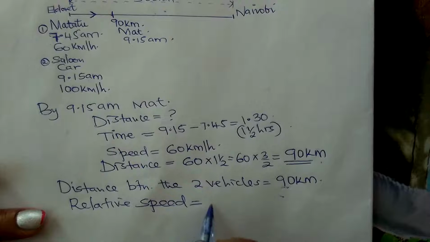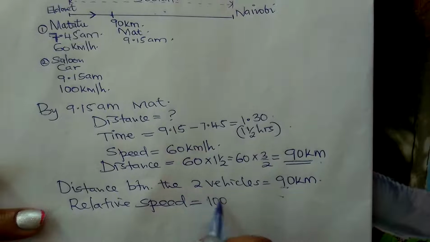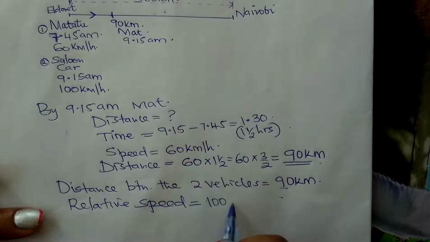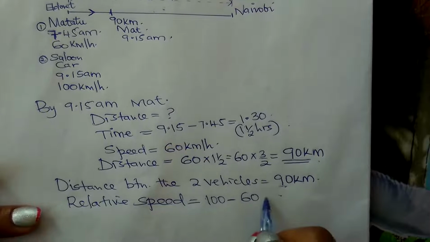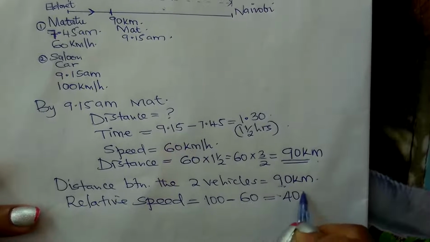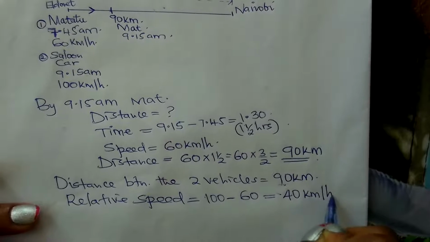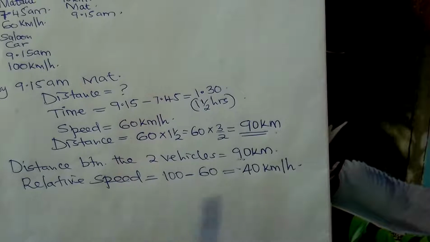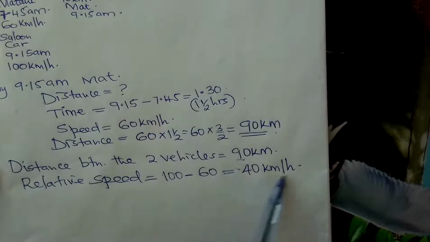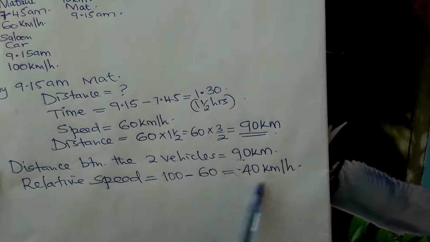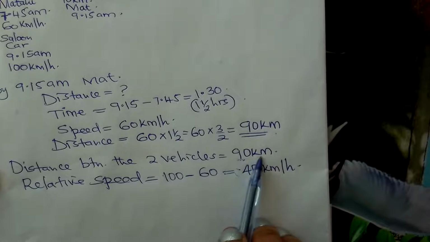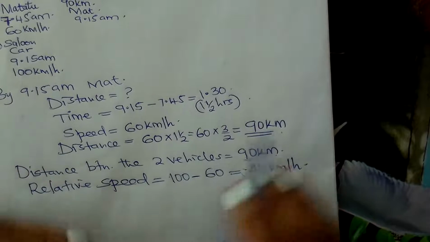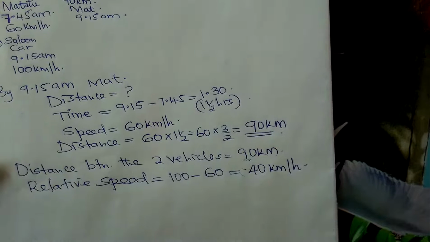The relative speed, you take the speed of the saloon car, 100 kilometers per hour. You subtract the speed of the matatu, 60 kilometers per hour. You get 40 kilometers per hour. In other words, this is the speed that the saloon car must use to cover these 90 kilometers for it to be able to overtake the matatu.